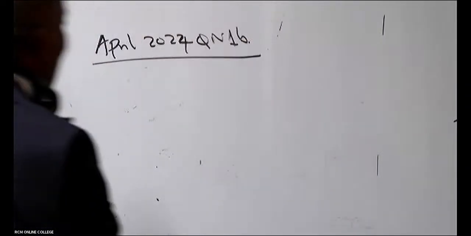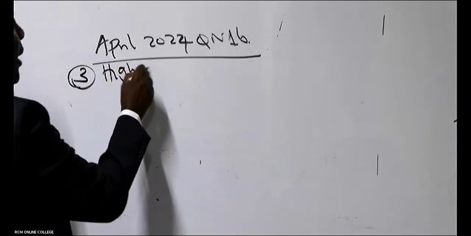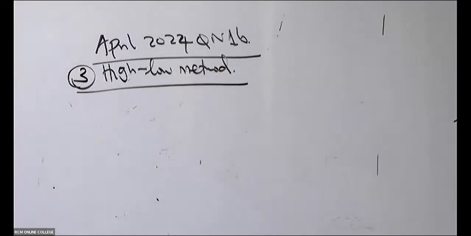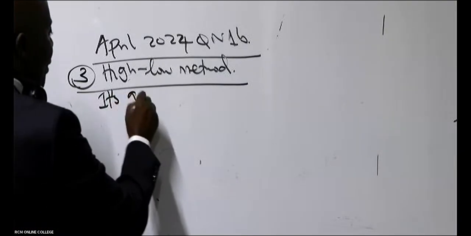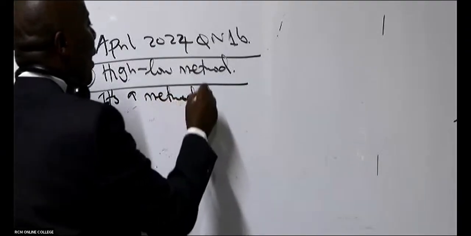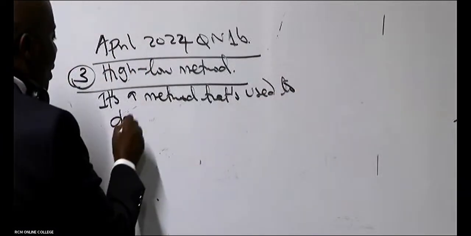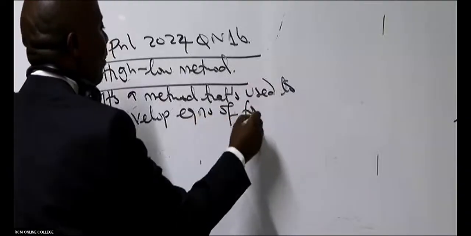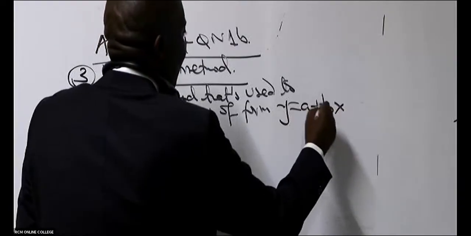So first of all, that will be your method number 3 for the new students. High-low method. The high-low method is a method that is used to develop equations of the form y equals a plus bx.